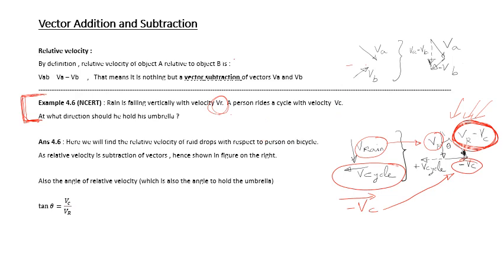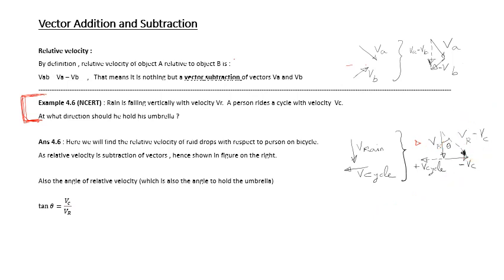Our question is the angle at which the cyclist should hold the umbrella. That means we need the angle of the resultant velocity of the rain. So if you see, this is the resultant velocity, right? And the angle you can find out using trigonometry.